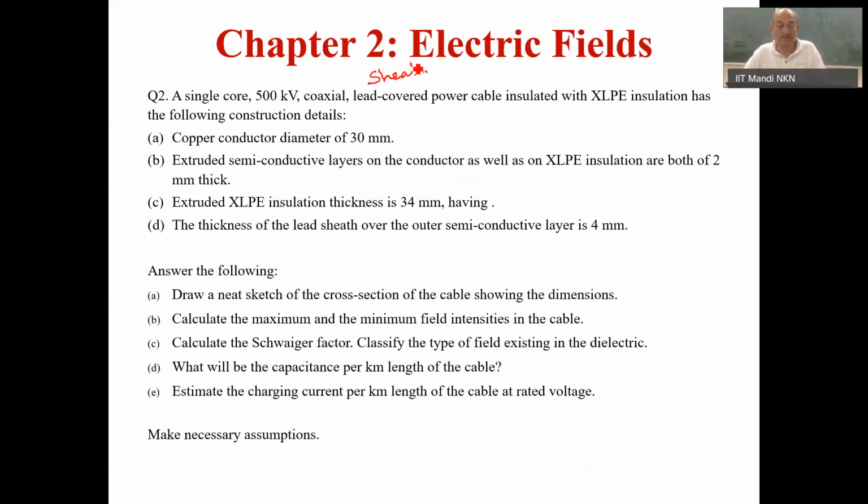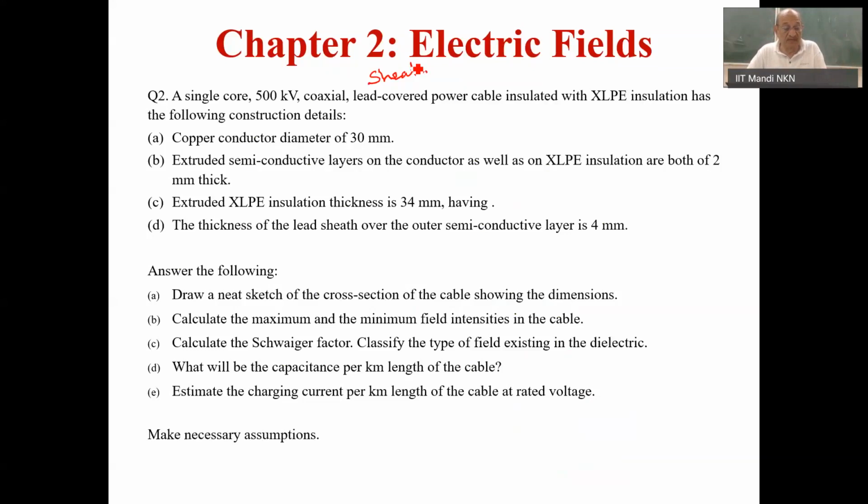So it is cooled from the top of the lead sheath to bring down the temperature as early as possible before it makes any damage to the insulation. So the dimensions are given here. The copper conductor diameter is 30 millimeter.